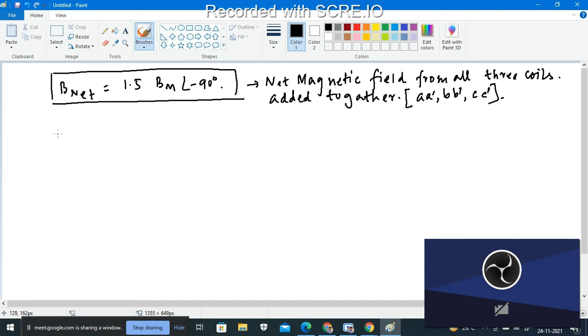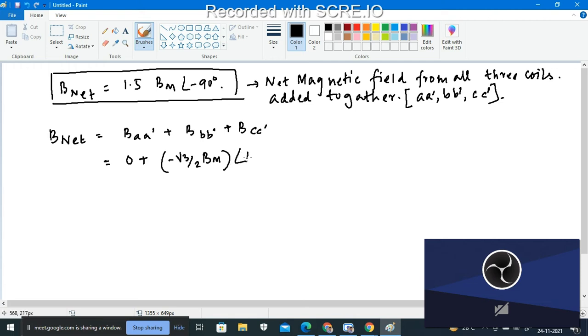So B net equals B of A' plus B of B' plus B of C', that is equal to 0 plus minus root 3 by 2 Bm at an angle 120 degree plus root 3 by 2 Bm at an angle 240 degree.